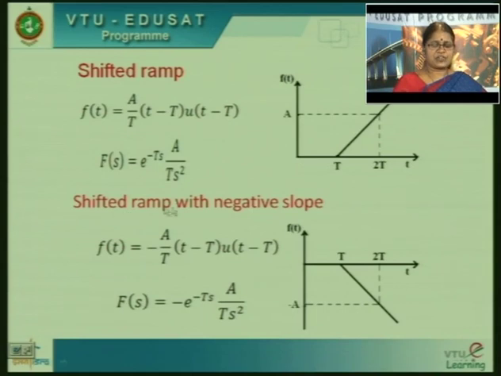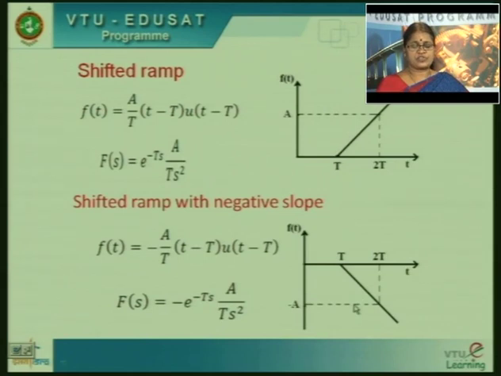Then let us find the Laplace transform of a ramp function with negative slope. It is a shifted function and it also has negative slope. So, look at this figure. This is a ramp function whose slope is minus A by T. It is nothing but the negation of this function.